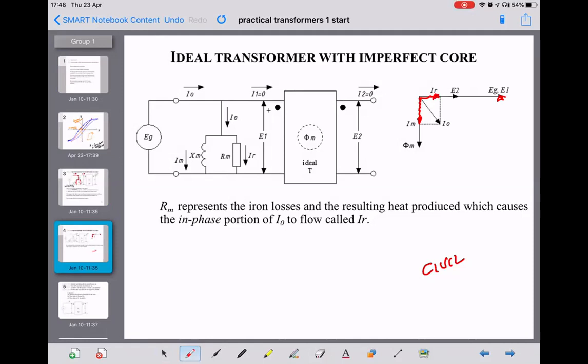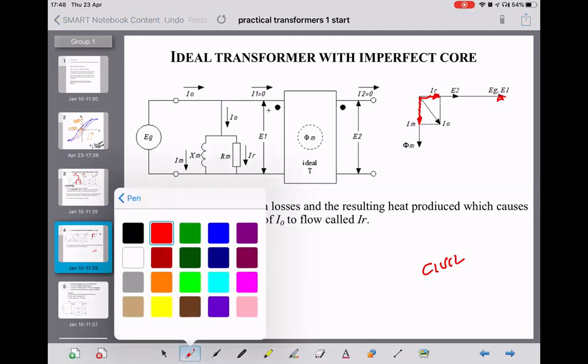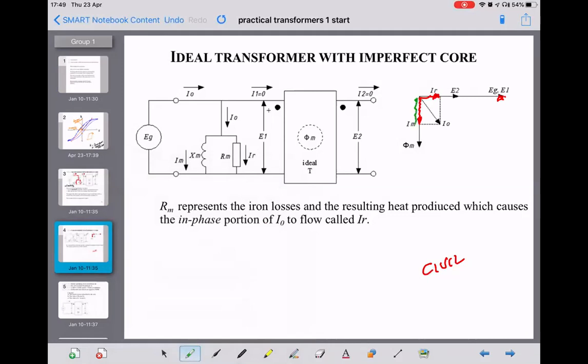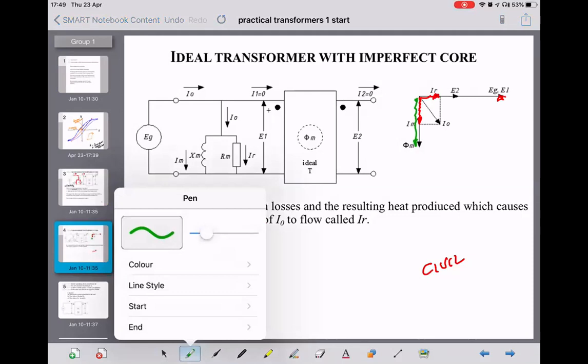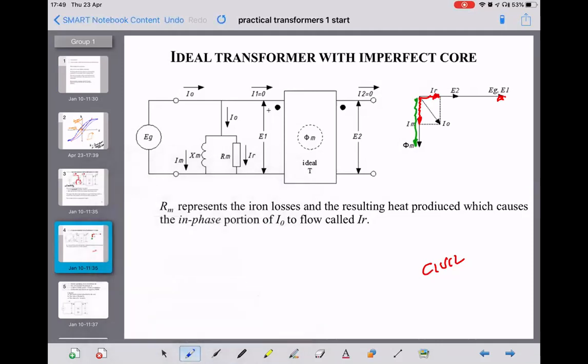The flux represented by this phasor down to here is in phase with the magnetizing current. Okay, so we've got an overall current IO in there, made up of a horizontal component IR and a vertical component IM.